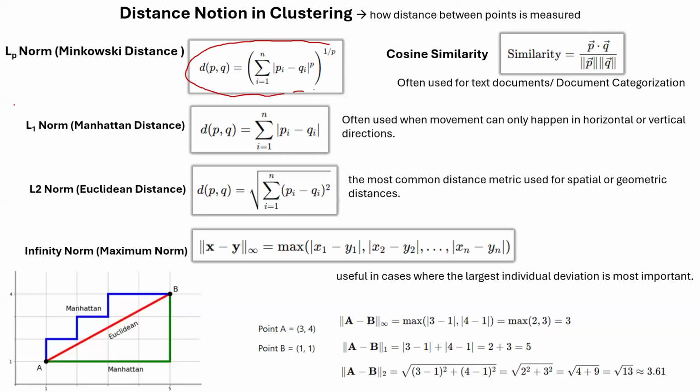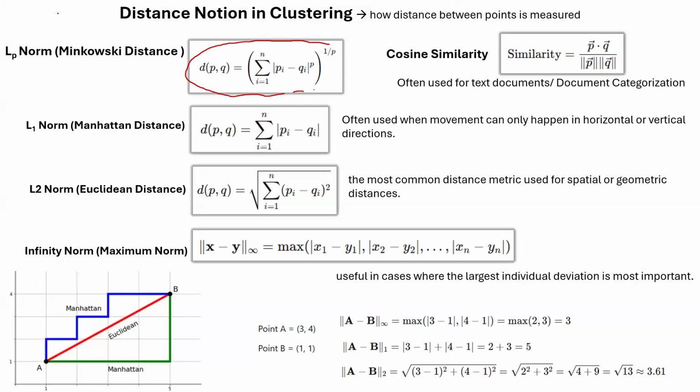When we replace p as 2, we call that Euclidean distance. When p is infinity, we call that the infinite norm. So this LP norm will technically measure the distance between two points, and you can replace p with any value depending on the conditions or the way that you measure the distance between the two points.